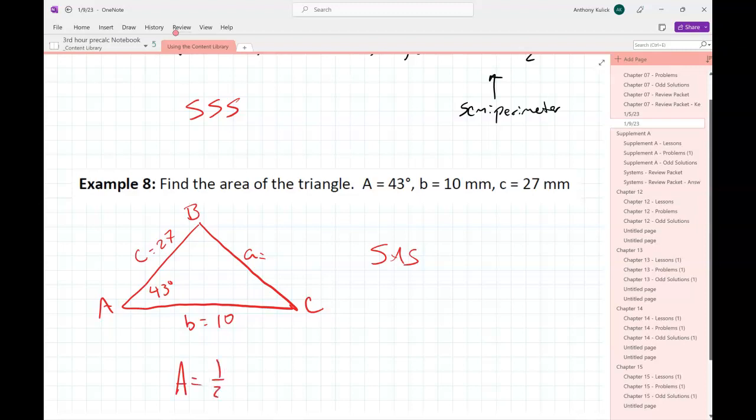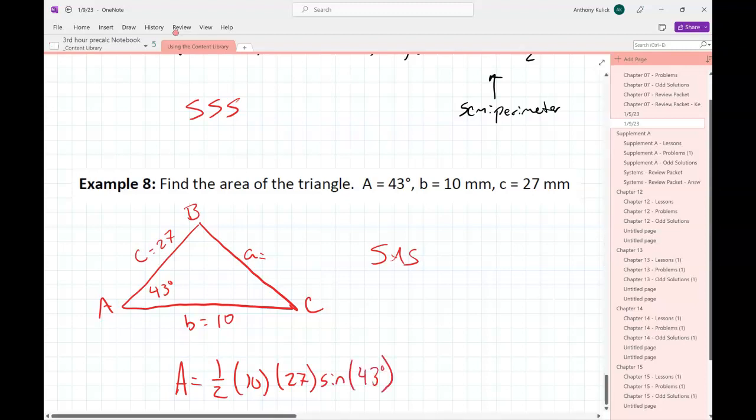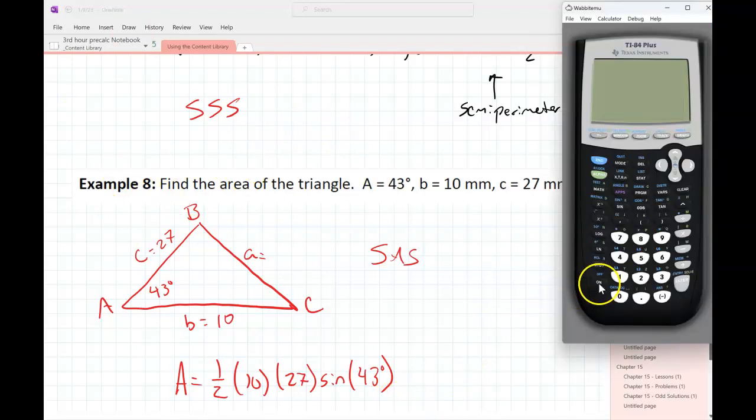So the area is just going to be 1/2 the two sides multiplied together times sine of the given angle. And I'm done. I just type in my calculator. Isn't that much easier than trying to muck around figuring out what the heck the base is supposed to be? So I get 9207.